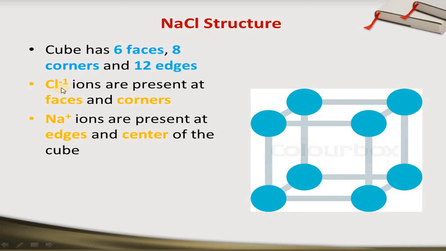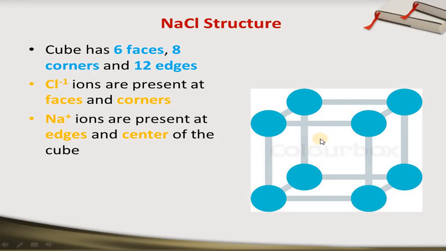In sodium chloride, the chloride ions are present at the faces and corners, which means chloride ions are present at these 8 corners, and in these 6 faces there are also chloride ions. Sodium ions are present at these 12 edges and the center of this cube.